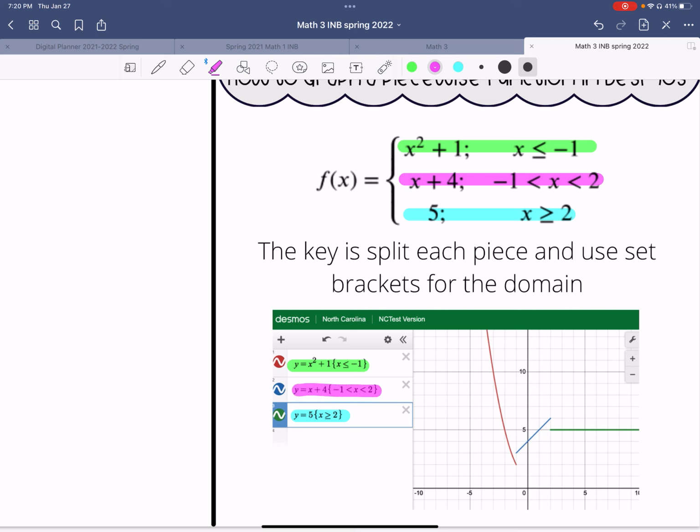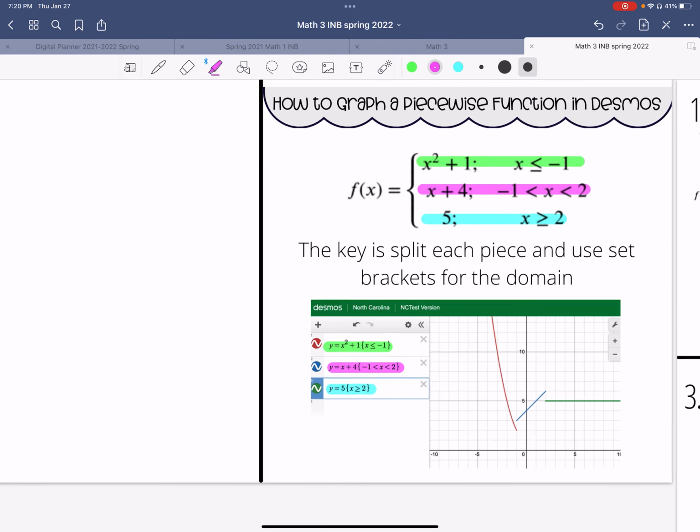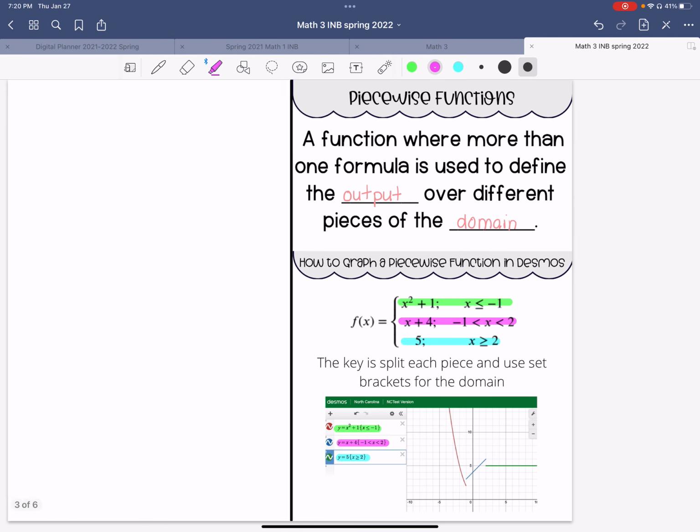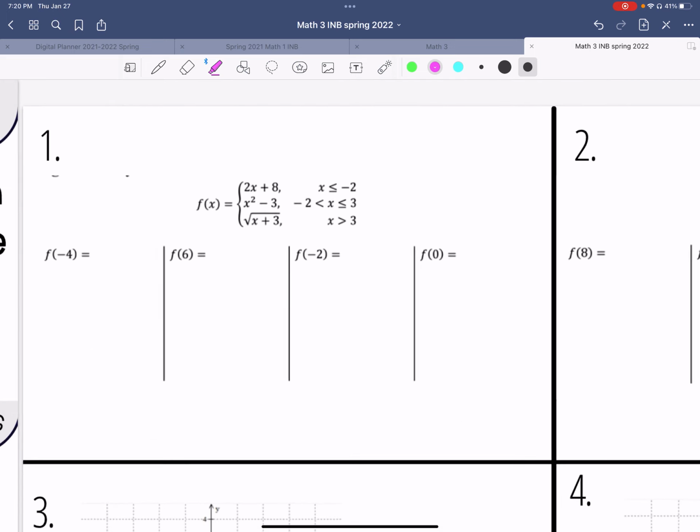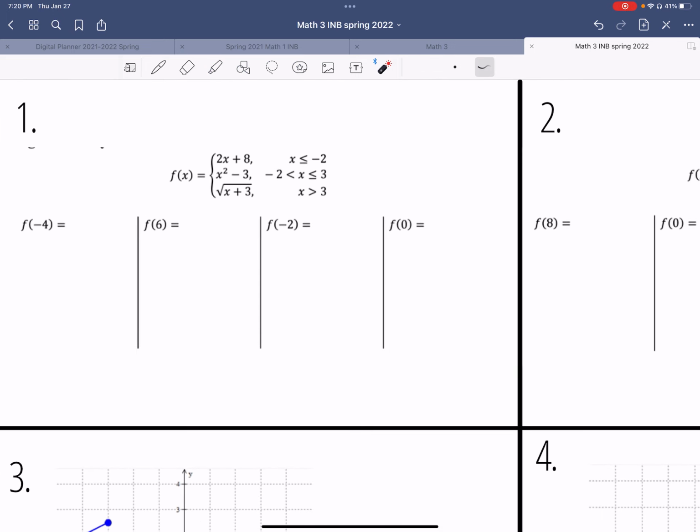Again, it's just a matter of typing in each piece. You really won't have to use it, but if you want to look at it graphically, you can. So what we're going to do when we look at a piecewise function is learn how to evaluate it. When I look at this first problem, I have 3 different pieces. My first piece here is when x is less than or equal to -2.